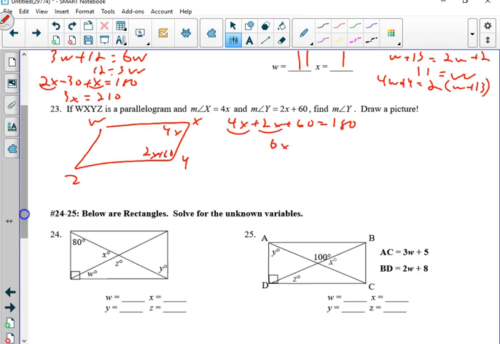That's 6x equals 120. If you subtract 60, x is 20. Substitute the 20 in. 2 times 20 is 40, plus 60 is 100. So the measure of angle y is 100 degrees.